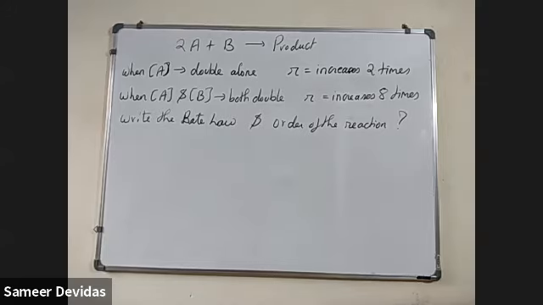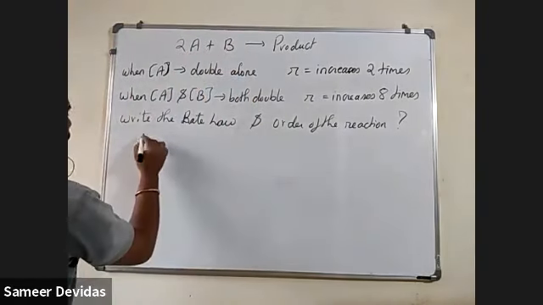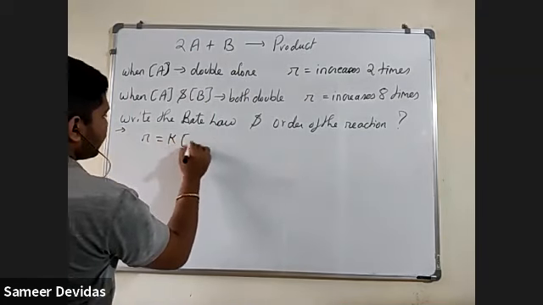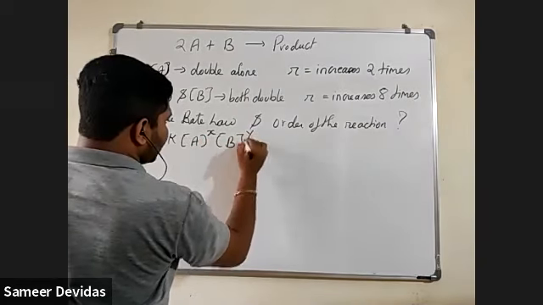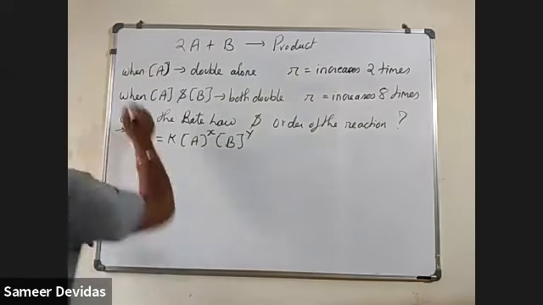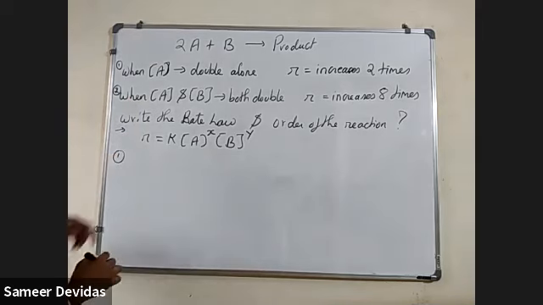All have finished? We'll start with this. First we'll write the normal rate law. So R is equal to K A raised to X B raised to Y. We need to find out what X is and what Y is.